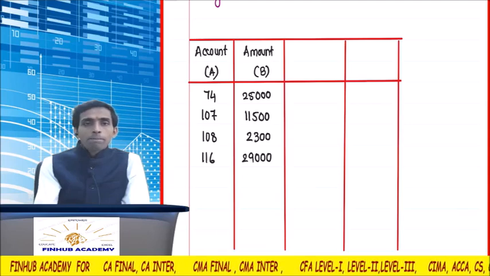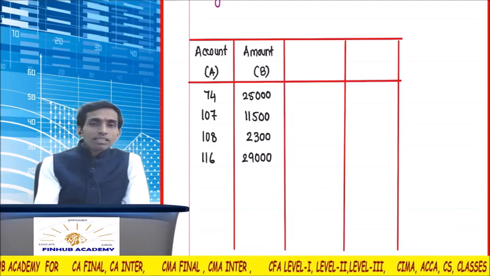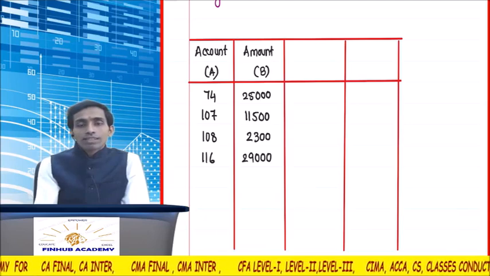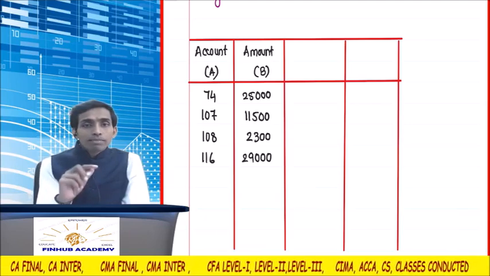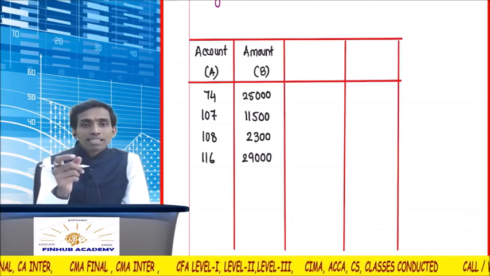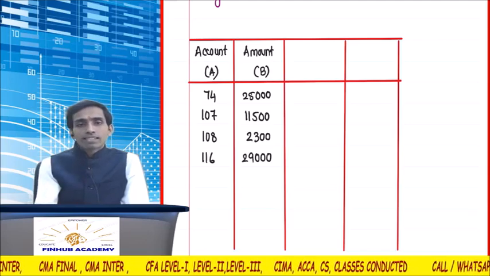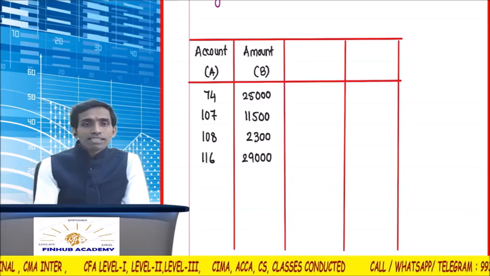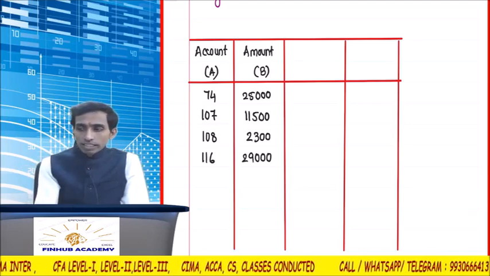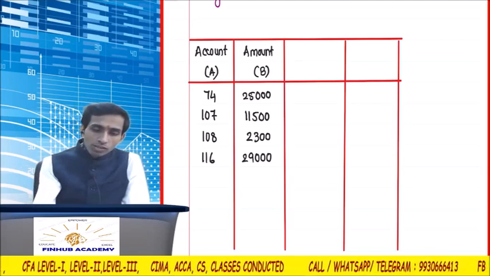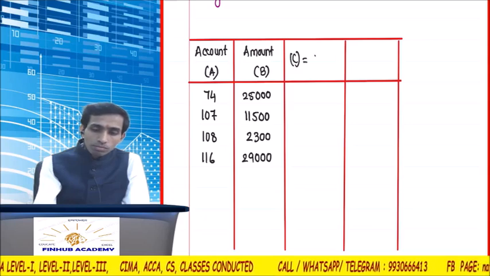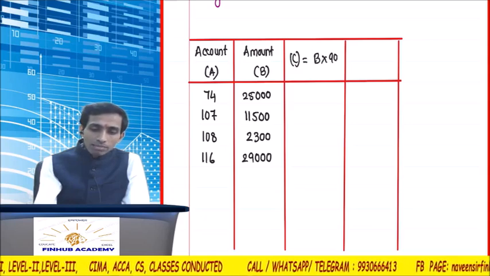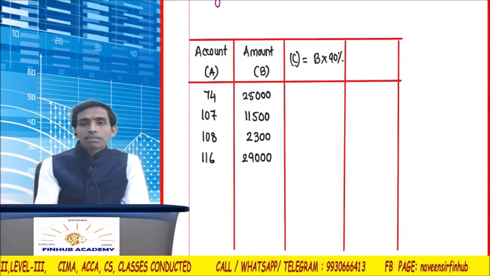Please understand, the bank will lend how much? The bank will on this make a provision for 10% cash discount and returns, correct? So they will consider good as how much? 90%. C is equal to B multiplied by 90%.